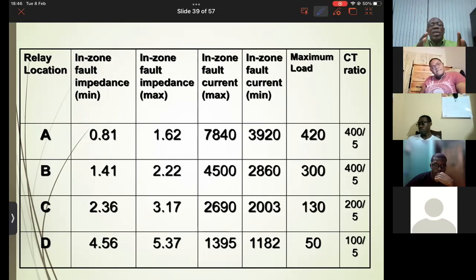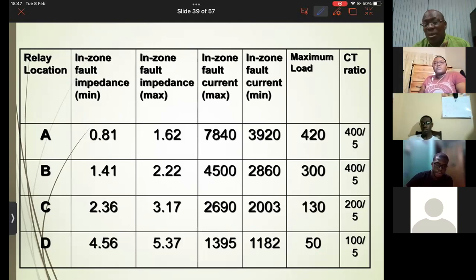So the discrimination here occurs because in the normal course of things, A would ignore what is happening in B because you want B to operate when it has a fault. Agreed? But in the event B doesn't operate, you want A to clear the fault.